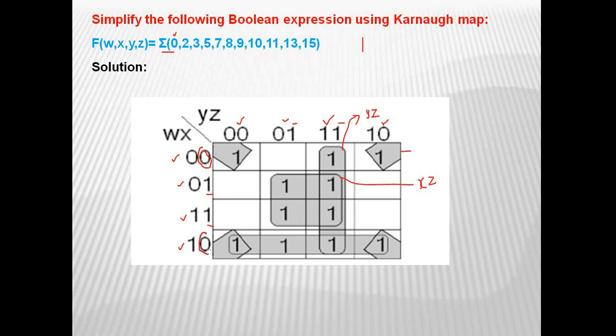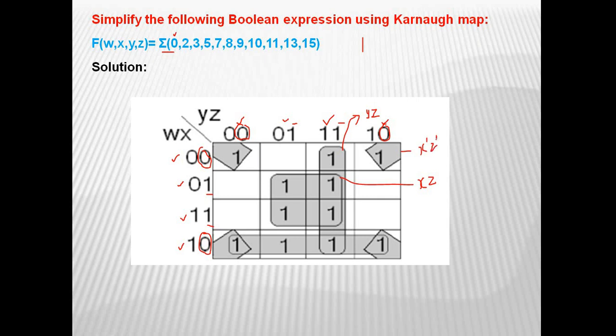Here is also the same variable on this side, and we will be having z bar and z bar. So when you are having these 4 corners, what we are having is x bar and z bar.